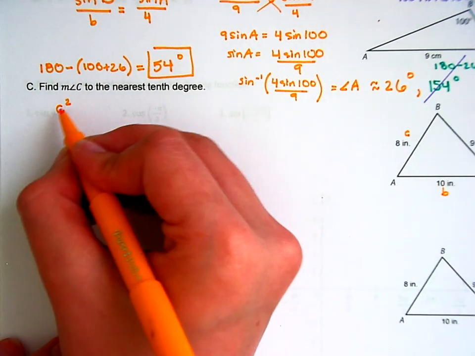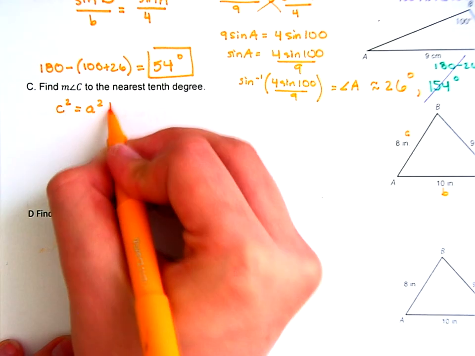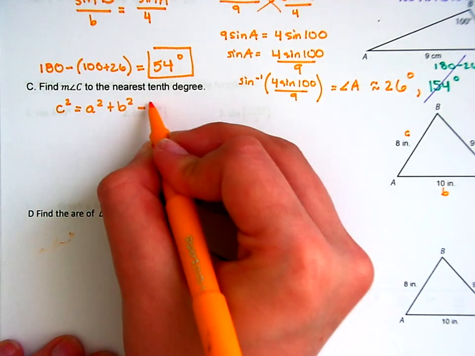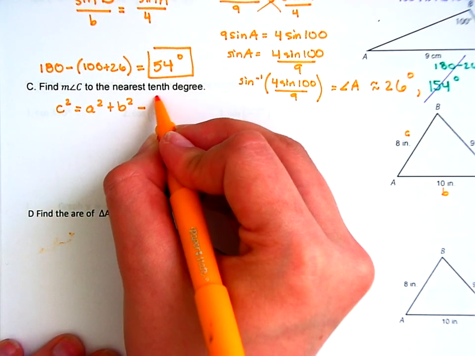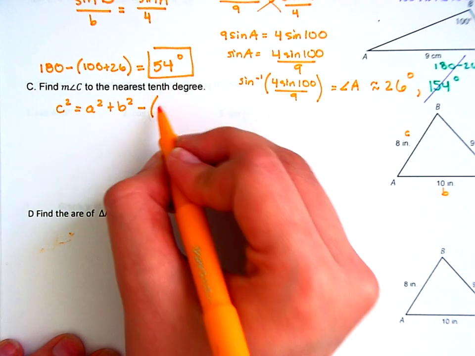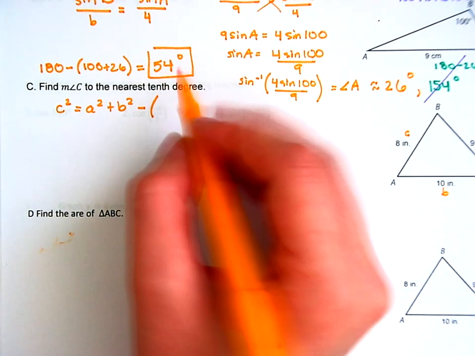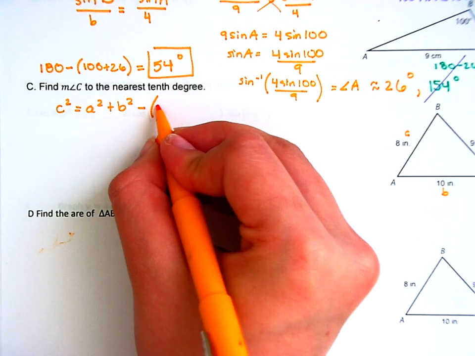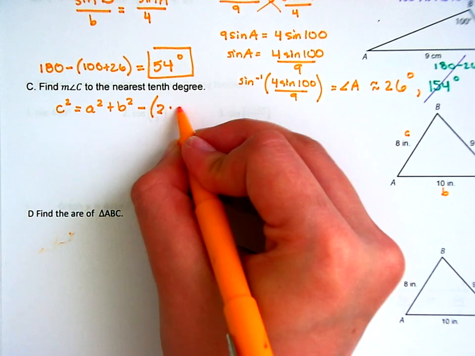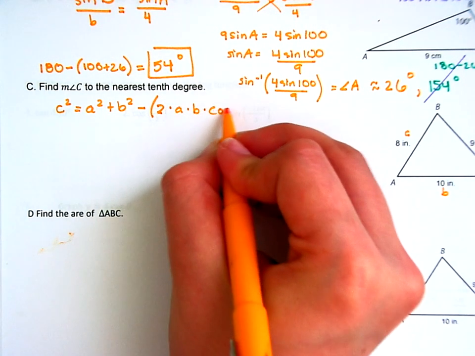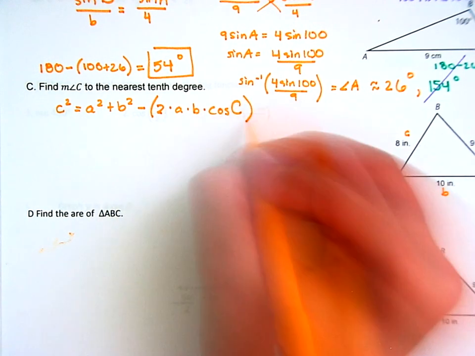So little c squared equals a squared plus b squared minus, and then for my classes, I always put parentheses right here because we always forget our algebra rules. So put those parentheses there, and then we're going to write 2 times a times b cosine and then big C, because that's the angle.